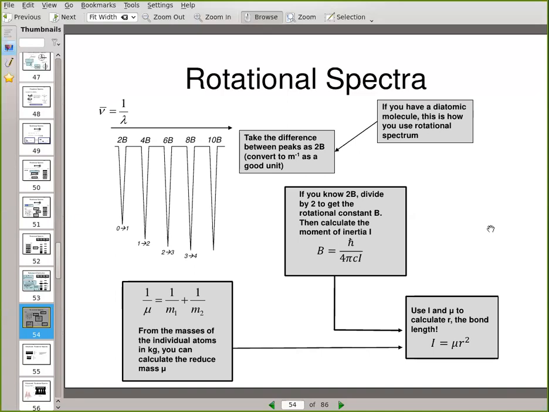A little later this week, tomorrow or the day after, I'm going to put some problems on Are You Connected related to previous work we've done, particularly with regard to the vibrational spectra and also rotational spectra. So look out for those. I'll alert you when they are there, but also have a look at the tutorial.